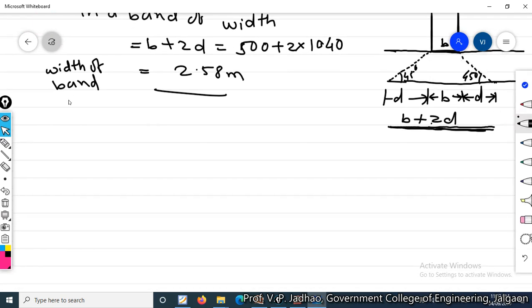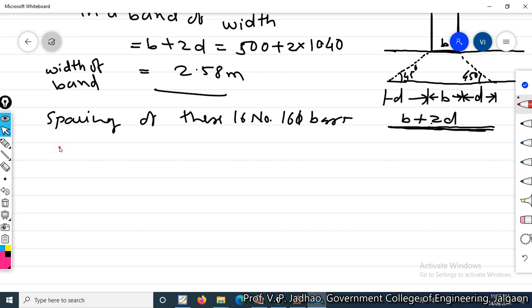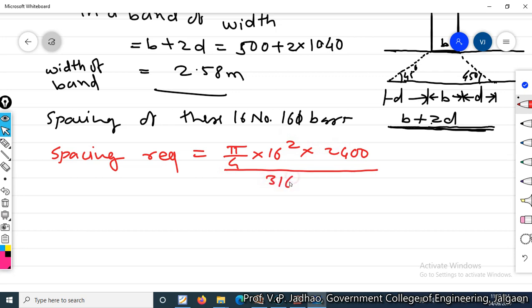Now to calculate the spacing of these 16 numbers of 16 mm bars, the spacing required is equal to area of one steel bar multiplied by B divided by area of steel provided, that is pi by 4 into 16 square multiplied by 2400 divided by 3168.